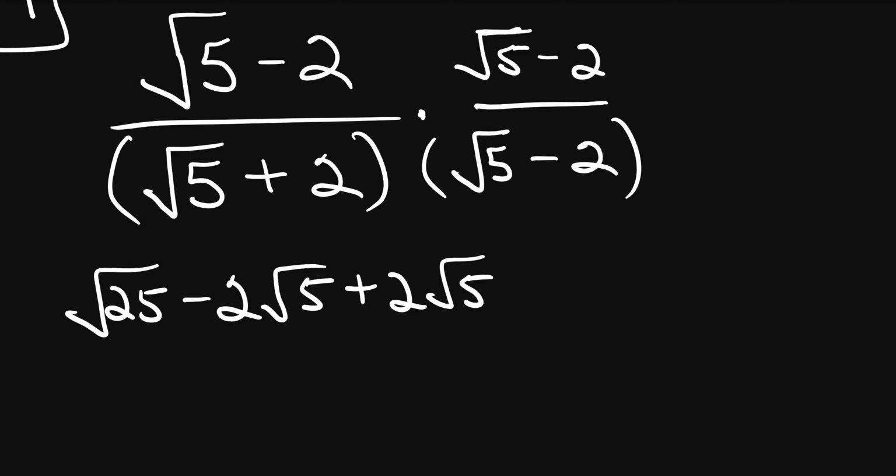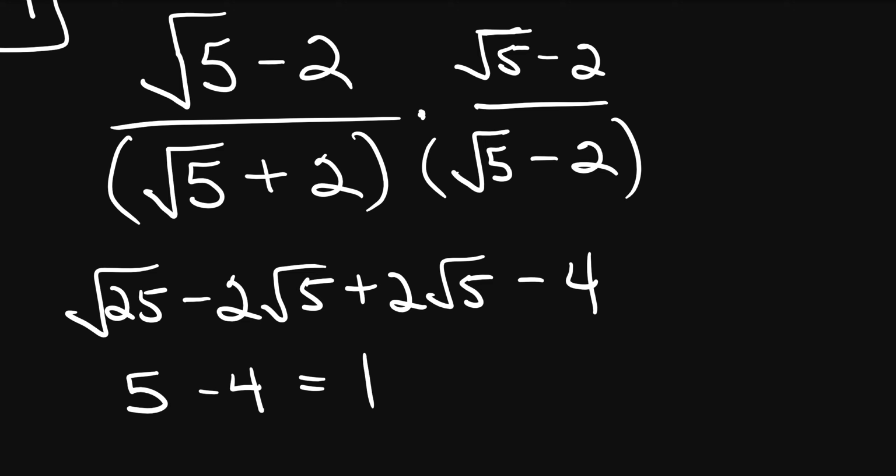And 2 times negative 2 is negative 4. Putting it all together, I have square root of 25, which is 5. Minus 2 root 5 plus 2 root 5 is 0. And then I have minus 4. And 5 minus 4 equals 1. That's in our denominator.